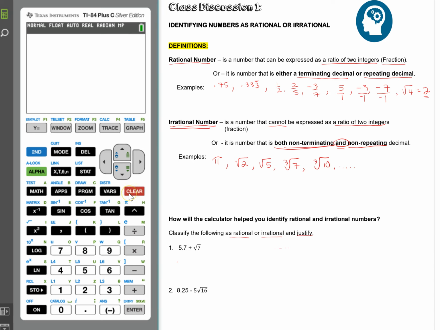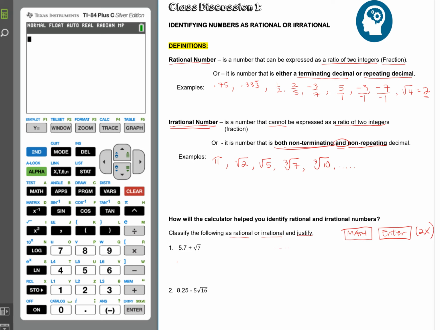Now, how can we use a calculator here? You just press math, and press enter, 2 times.